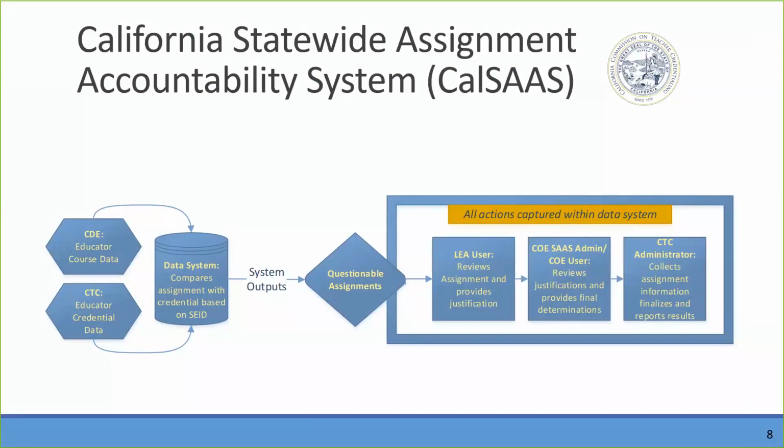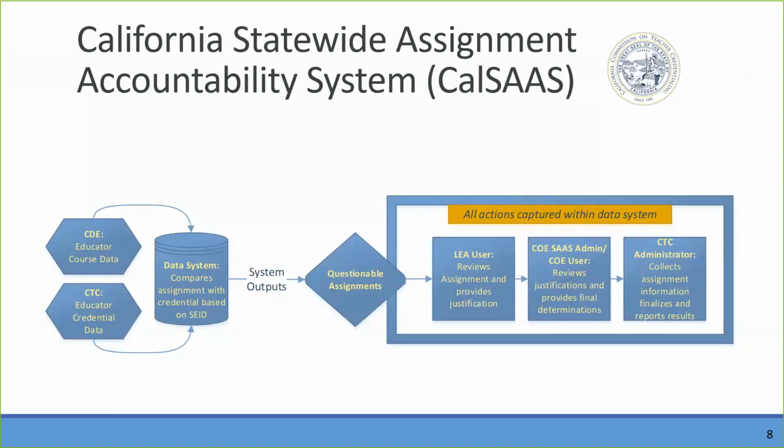Then the County Office of Education, the monitoring authority, has the opportunity to review the justification provided by that LEA and make a final determination about whether it's a misassignment or not.